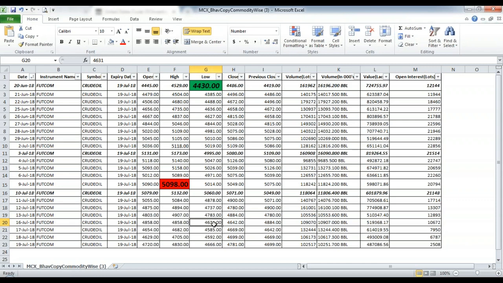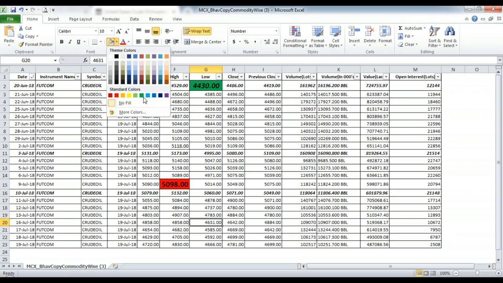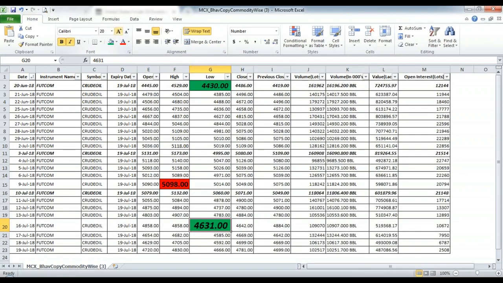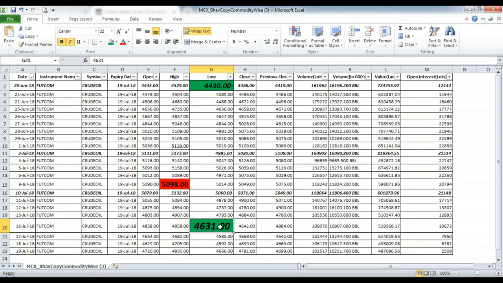Now, when it formed a support, it went below this and it closed above this. So this can be marked as a support, correct? So this support is higher than this support, right?